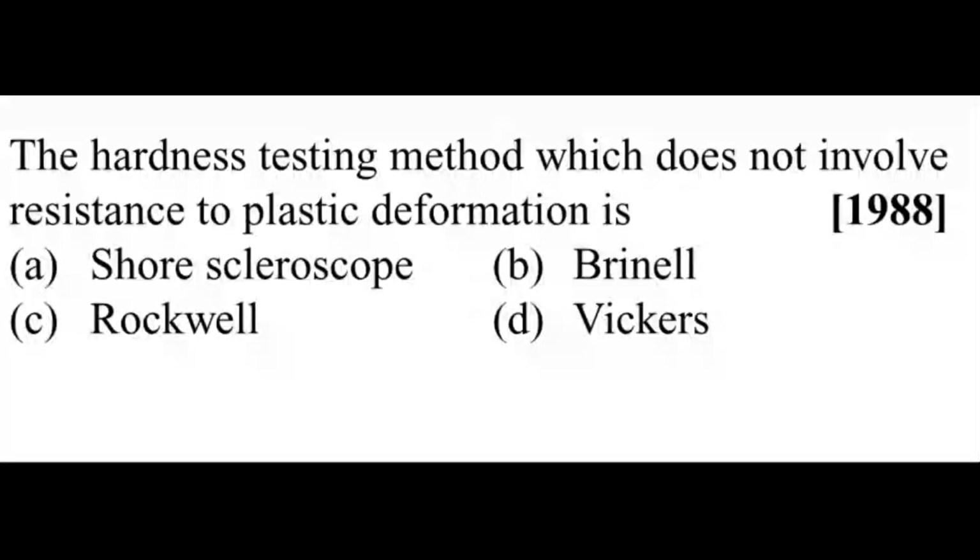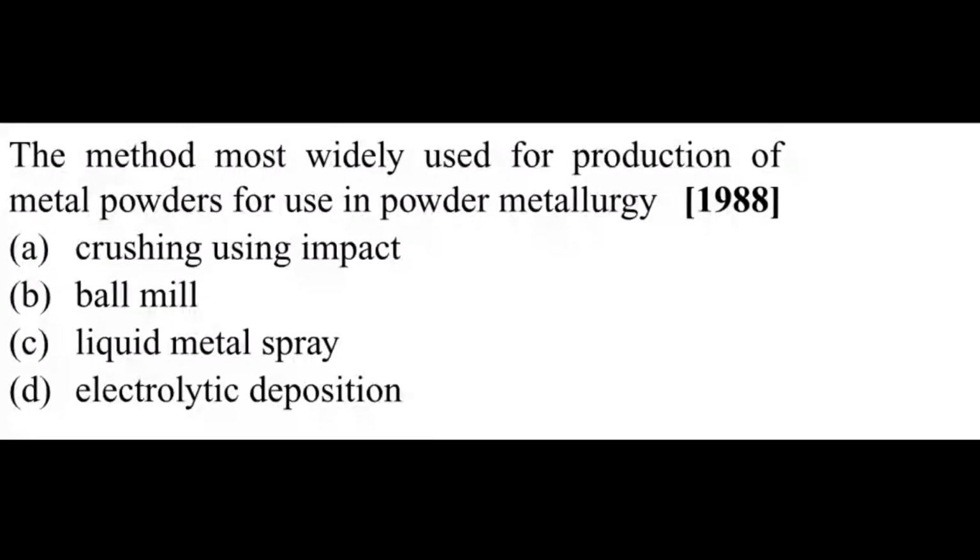The hardness testing method which does not involve resistance to plastic deformation is Shore scleroscope. The method most widely used for production of metal powders for use in powder metallurgy is ball mill.